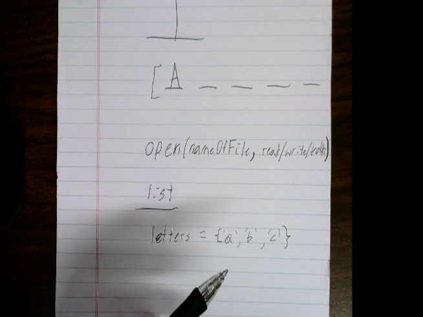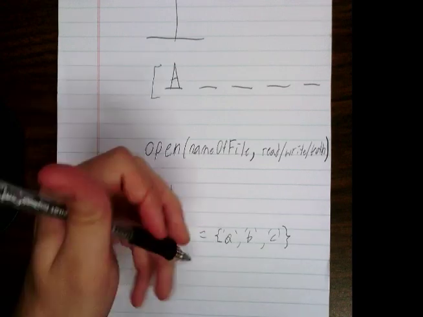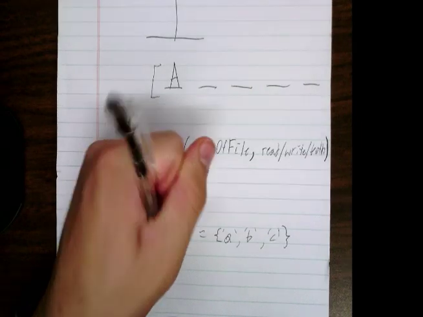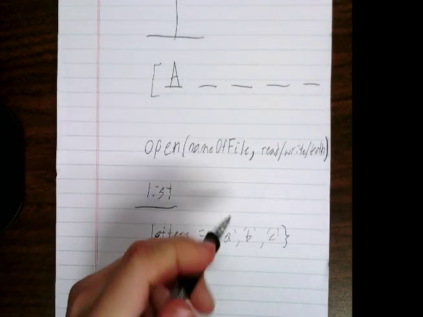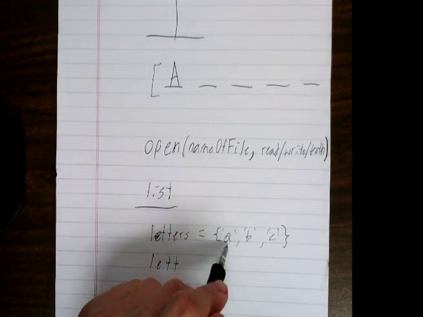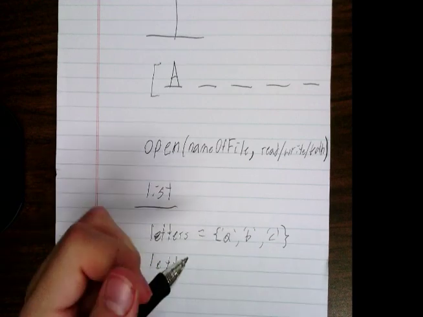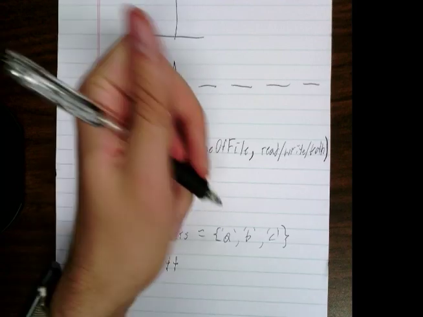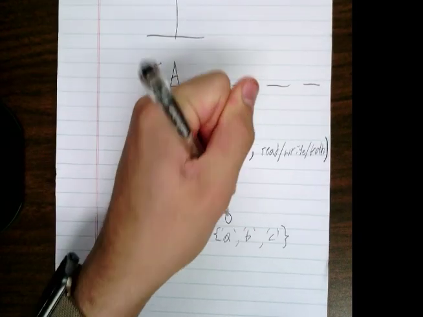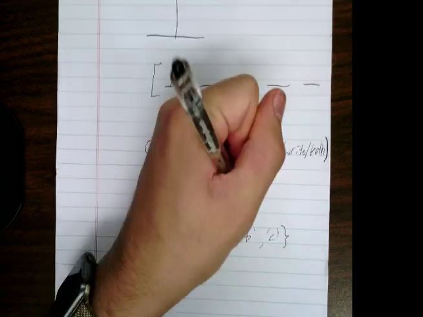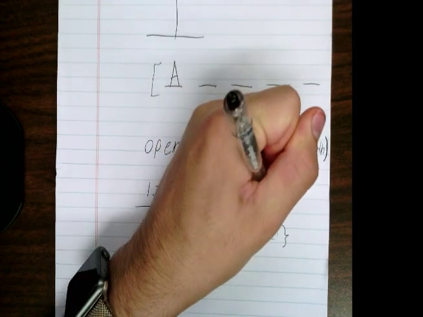Now, if I want to access this first piece of information right here, it's not actually the first. It's at index 0. And then this is at index 1 and 2.